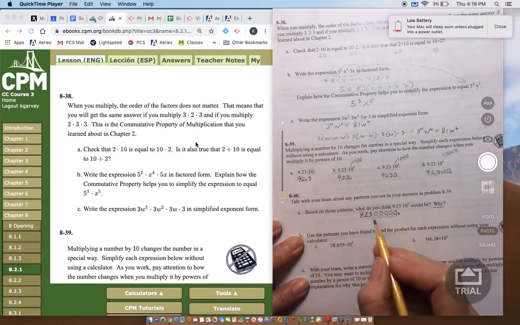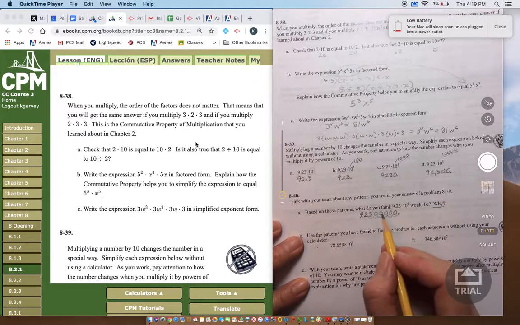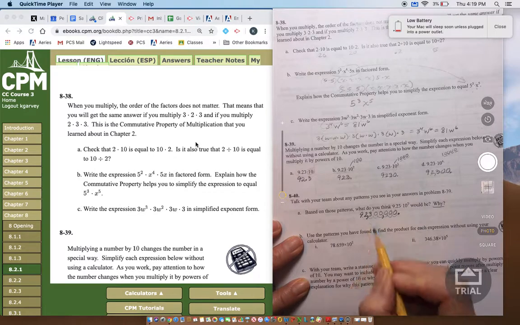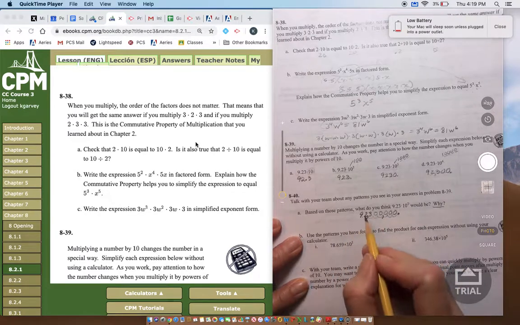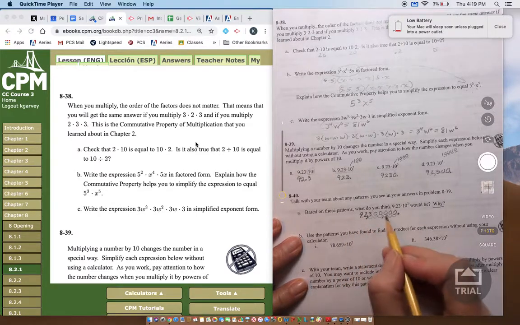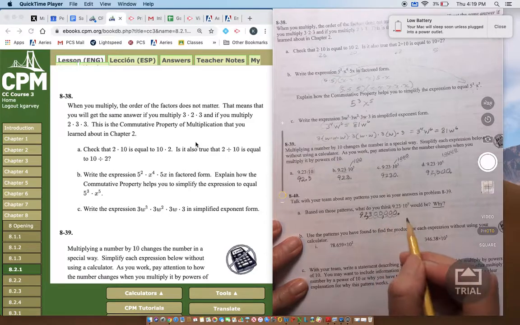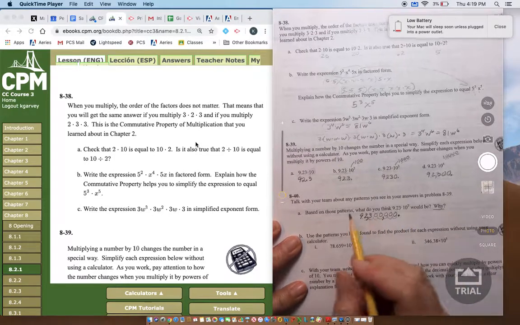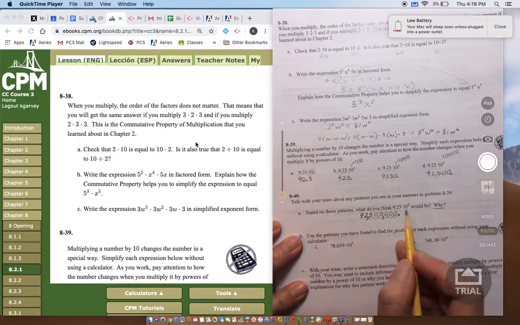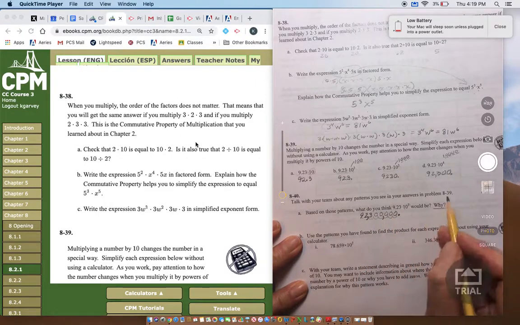So what does this number look like now? There's our first 3 zeros and our second 3 zeros. So it's 92,300,000. Why is this correct?